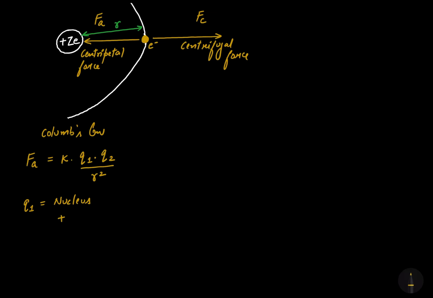It's plus Ze, where Z is the number of protons and e is the charge on a proton. Positive sign, obviously, it's a proton, that's why it's positive. And Q2 is the charge on the electron, so it comes out to be e. I'm ignoring the signs of the nucleus and the electron for the time being for the calculation.